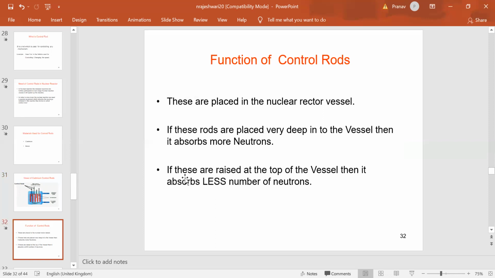Coming to the functions of control rods, these are placed in the nuclear reactor vessel. If these rods are placed very deep into the vessel, then they absorb more neutrons.